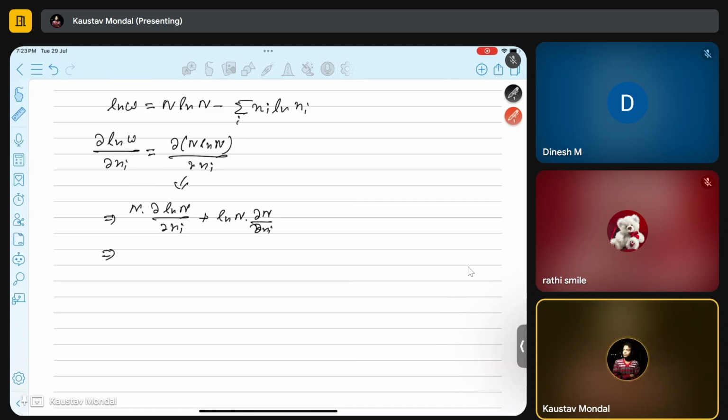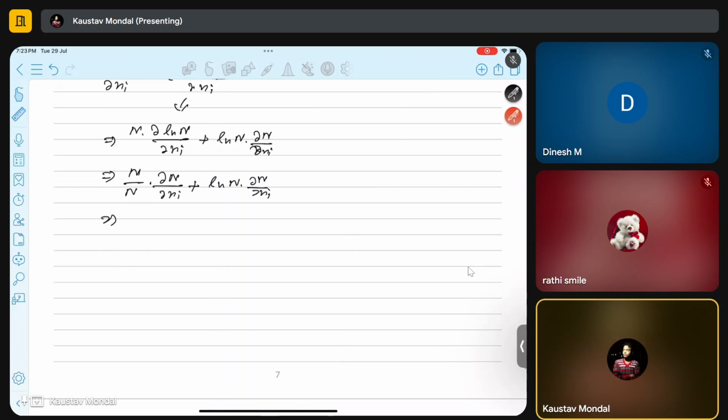This gives you n into delta n by delta ni plus ln n into delta n by delta ni. This gives you 1 by n into delta n by delta ni, plus ln n.